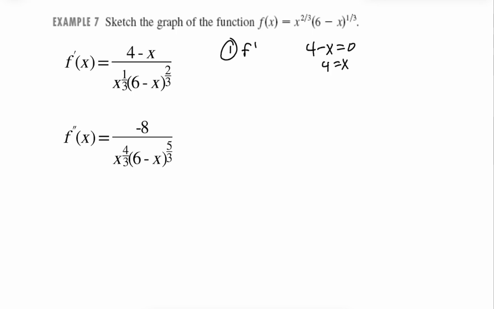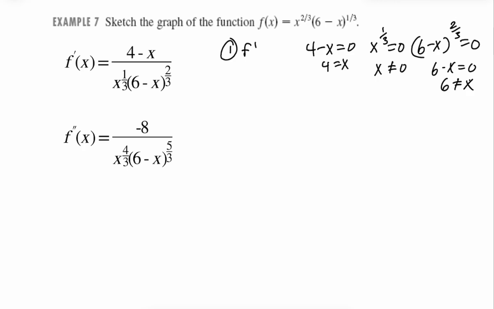But a fraction can be undefined where the bottom equals 0. So I also need the fact that we do have some funky points, a critical number at 0 and at 6. Now, these are not critical points because they're not points on the graph.